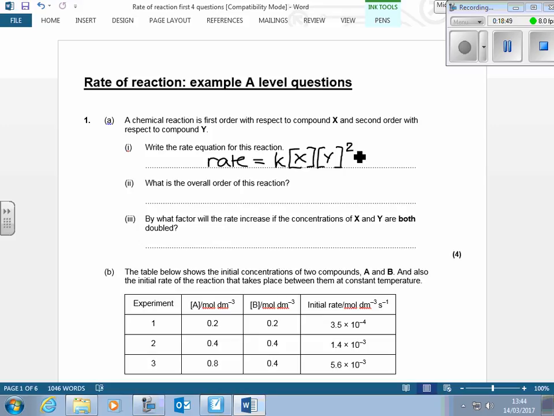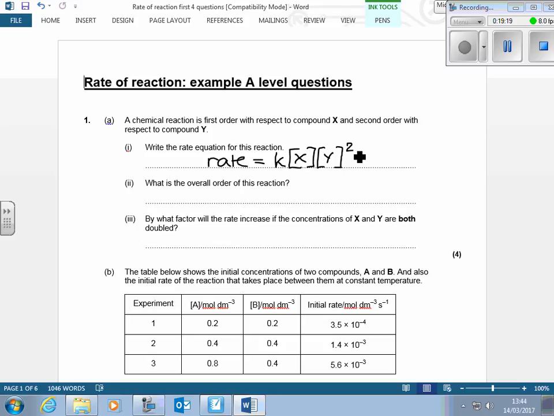Because we have the mark scheme at the back, which is an exam board mark scheme, I think, but it doesn't give us any indication of what is or isn't required there. Because it's first order with respect to X, we could put a 1 in there, but we don't need it. Second order with respect to Y, that's where the 2 comes from.